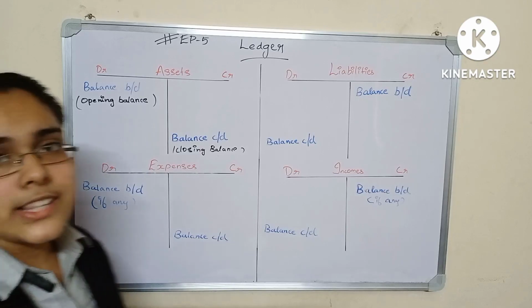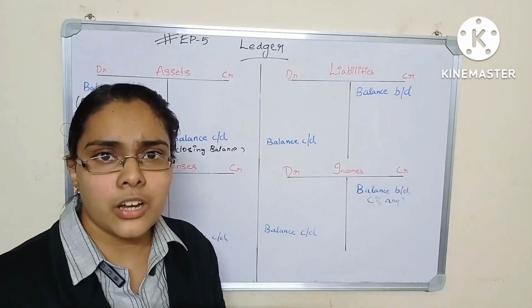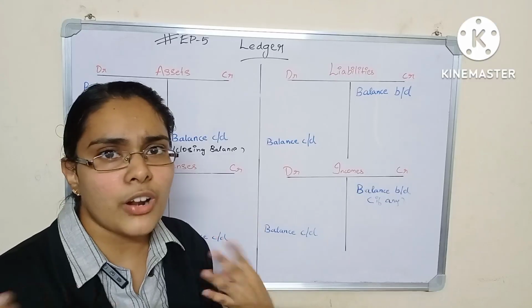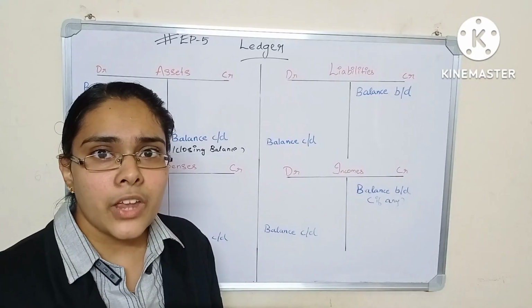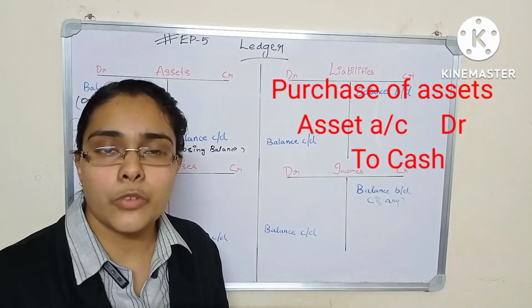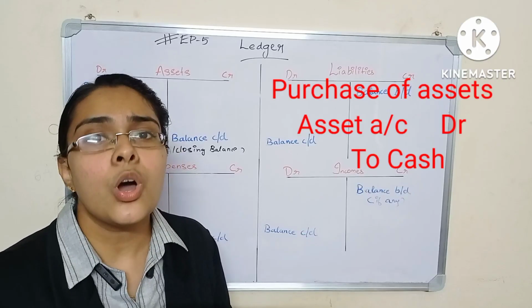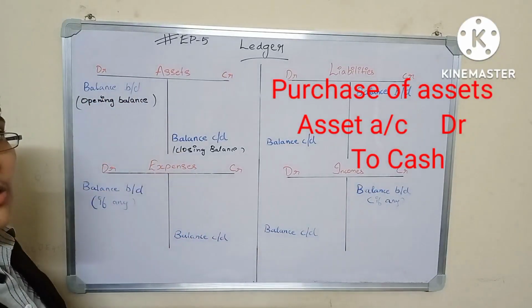Now for example, if you want to purchase an asset, let it be a building, plant and machinery, or anything, and you're purchasing it for cash, what will be the entry? Asset account debit to cash. Which side will you record in the assets account?